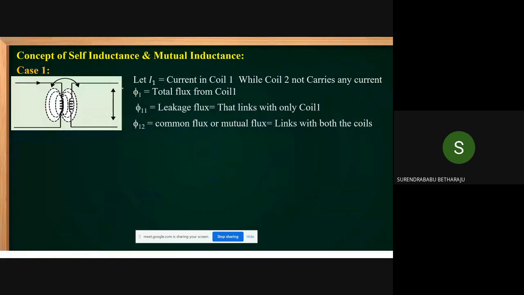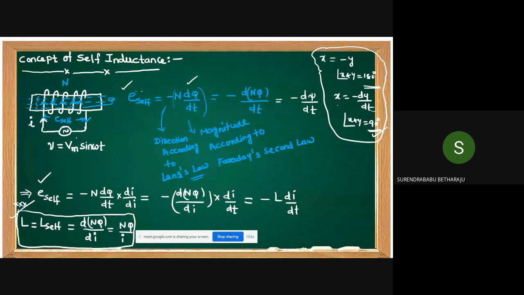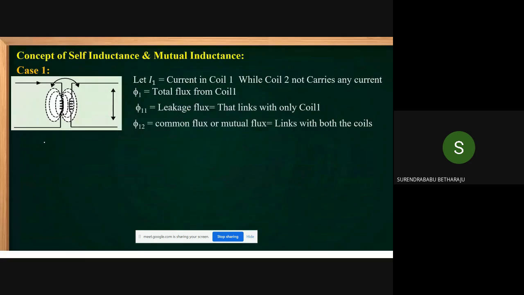Then here I want to define the concept of self-inductance and mutual inductance by considering the transformer. A transformer is also one of the coupled circuits, no doubt at all. Yes, friends. I think you have understood what exactly self-inductance is. Now we'll see this.